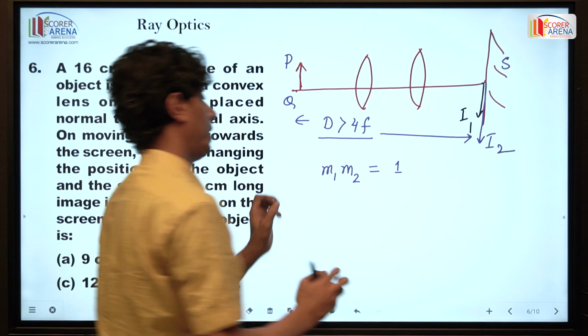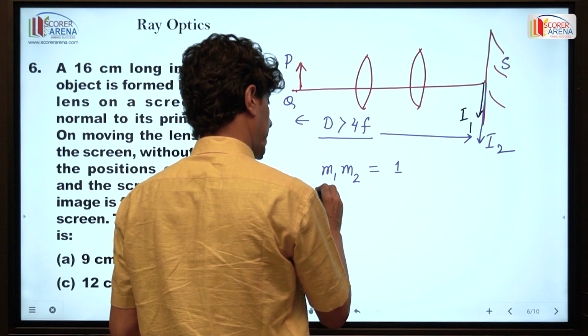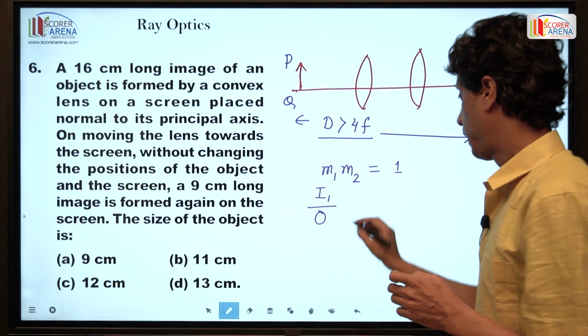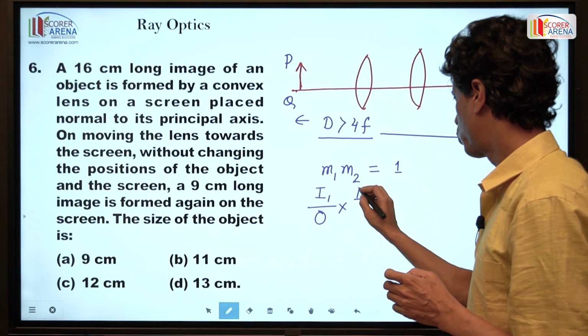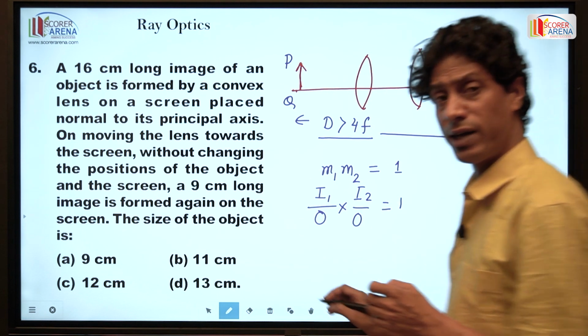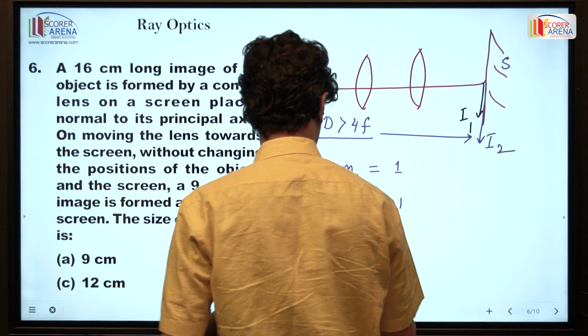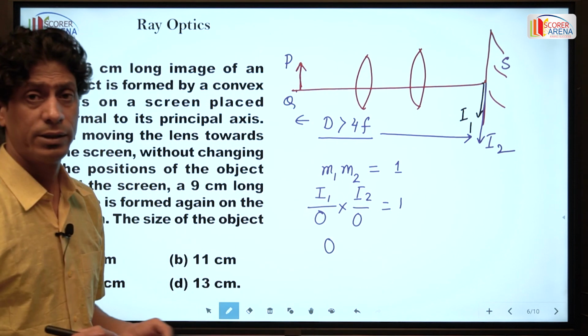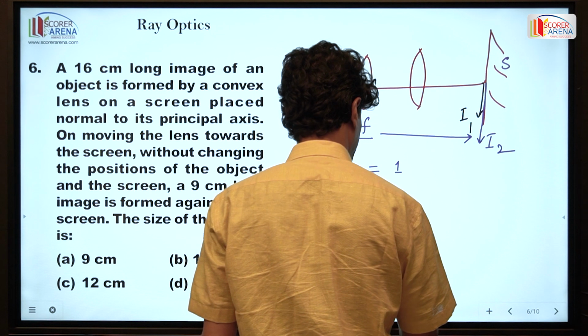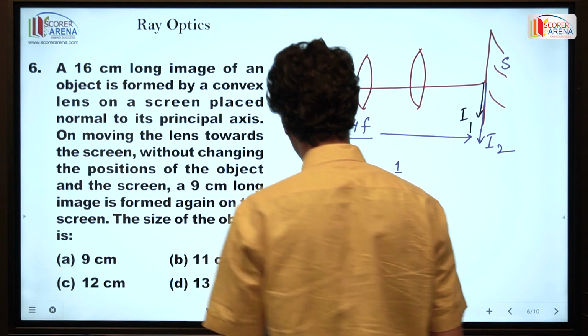Image 1 by size of object and image 2 by size of object, the product is equal to 1. So therefore we can say the size of object is root over of I1 into I2, that is the geometrical mean.